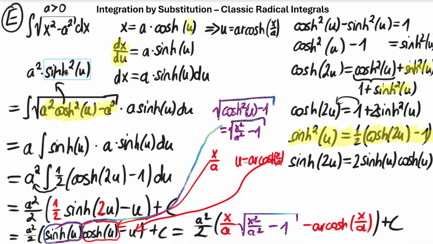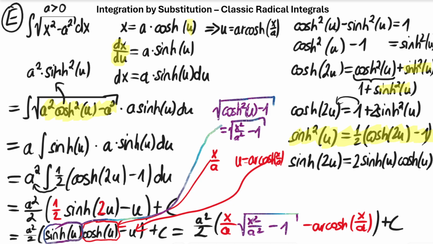So this allows to eliminate the square root. This was the idea, the crucial point, which is why substitution in this case is rather challenging. And then, using all these formulas and identities for cosine hyperbolic and sine hyperbolic, we arrive at the end at the reasonably manageable antiderivative.